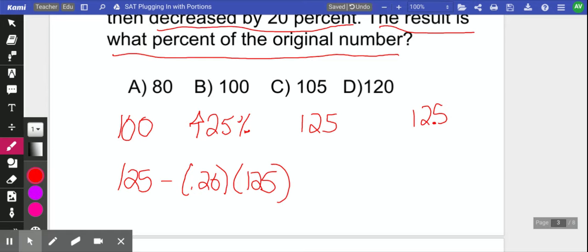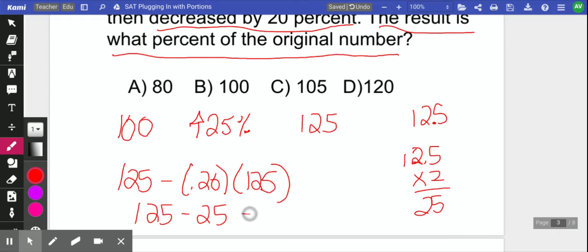You just move the decimal place over once. So if 10% is 12.5, 20% is going to be 12.5 times 2, which is 25. Okay? So 125 minus 25 is 100.